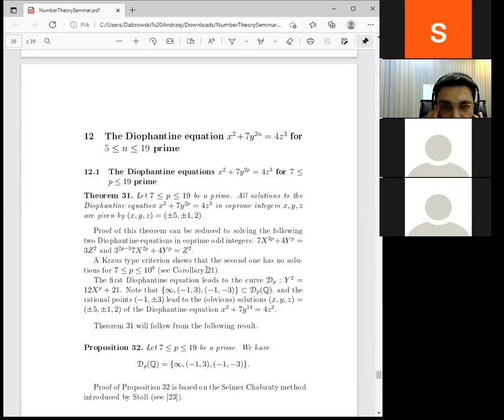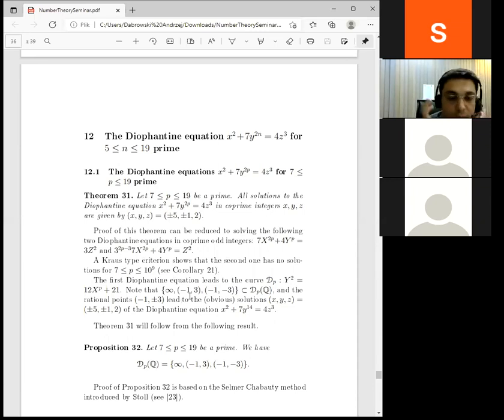It is because we know the proof of this theorem, Saint-Hilaire, is reduced to solving two Diophantine equations here. And a Kraus-type criterion can be used to solve the second one. So we need only to consider the first Diophantine equation, but this leads to such hyperelliptic curves.